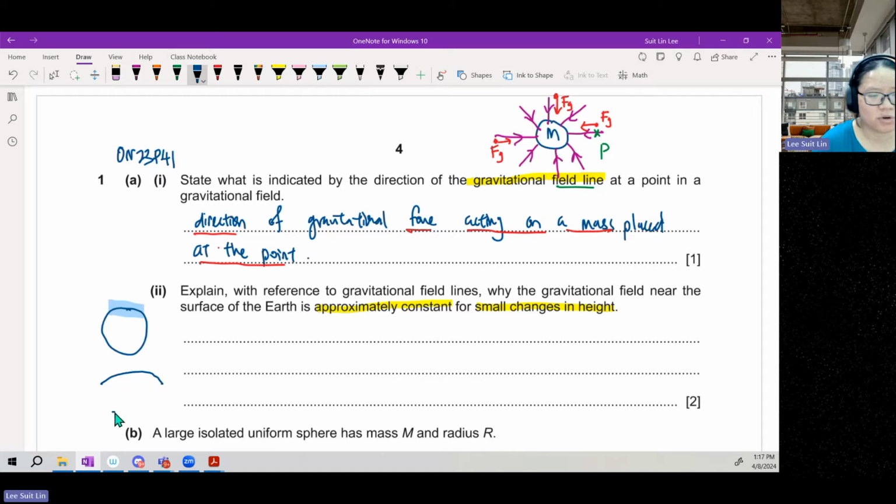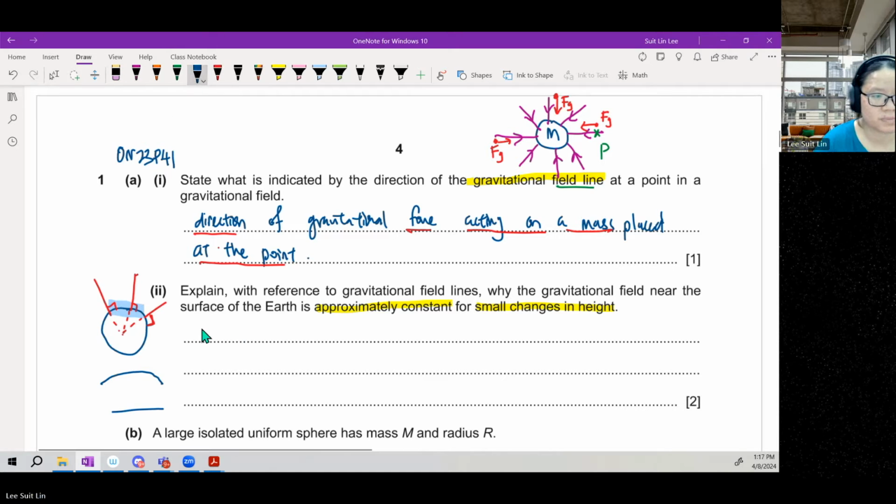And I zoom in some more, eventually it will look like a straight line. So I guess the first thing to talk about is the shape of the field pattern. These field lines are radial, meaning they travel along the radius of the sphere, making all of this 90 degrees.